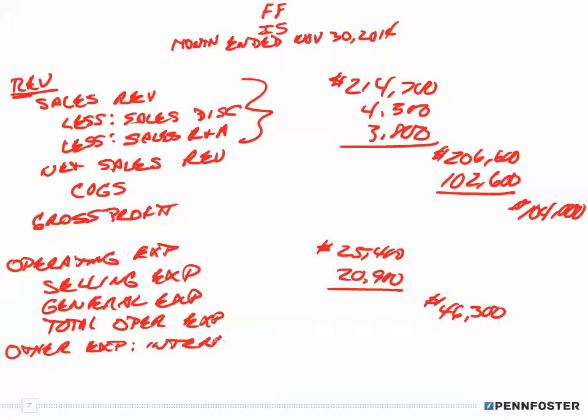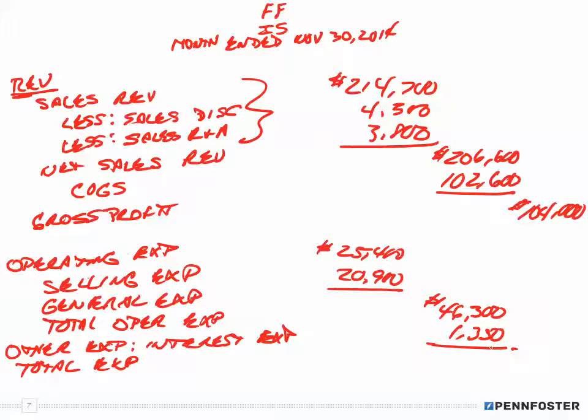So, since I only have one, I'm just going to keep it on one line. I could have put interest expense here, but I'm not really doing any math here, so I can just keep it on one line and put the interest expense here of 1,350. Okay, and then I have my total expenses here, which then becomes, let's see here, I have to do the math.